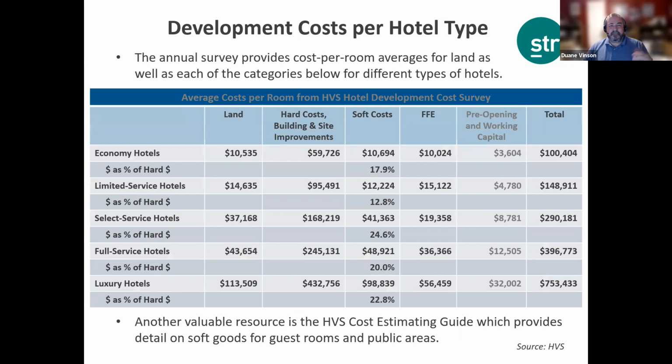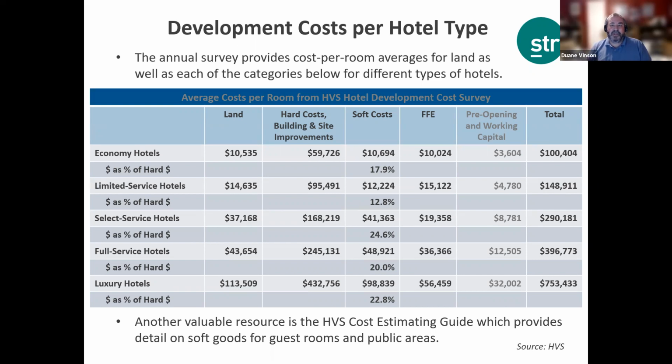So here's an example. This is a little summary takeaway from that HVS Hotel Development Cost Survey. Again, in different countries, these numbers will be different. You can see the categories there. And again, this is the average cost per room that you're seeing here by different types of hotel. We start with economy and go through to luxury: the land cost, hard cost, soft cost, FF&E.